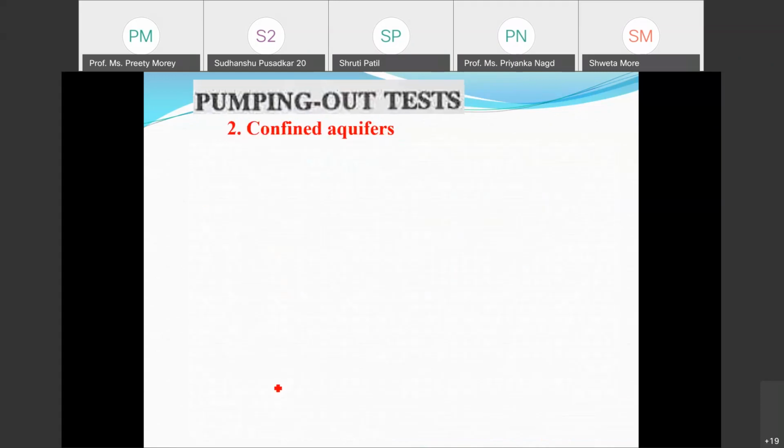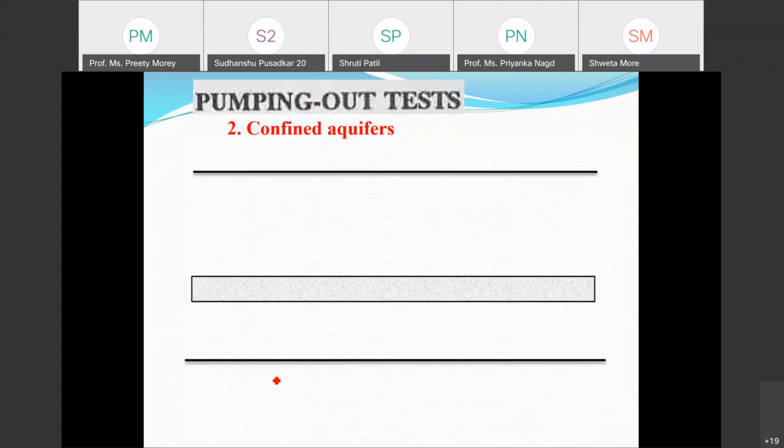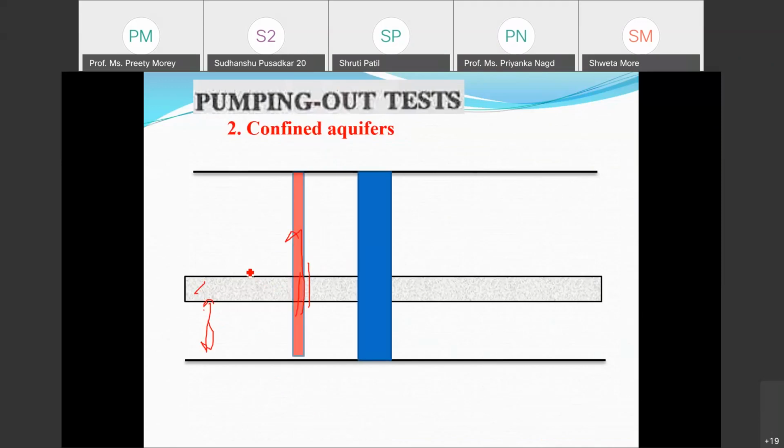As I said, for a confined aquifer, what will happen? This is a rock mass, and the water level is here. This water will be under pressure. If I make a puncture here, the water will come out at pressure. So that pressure I have to take into account. Again, we have to dig two wells: the main test well and the observatory wells.